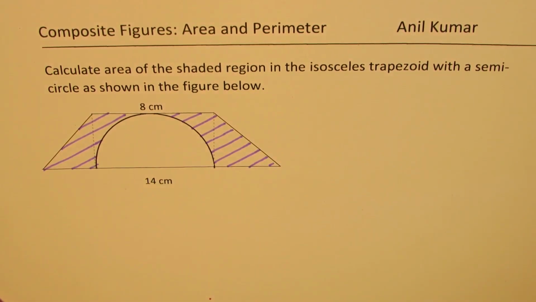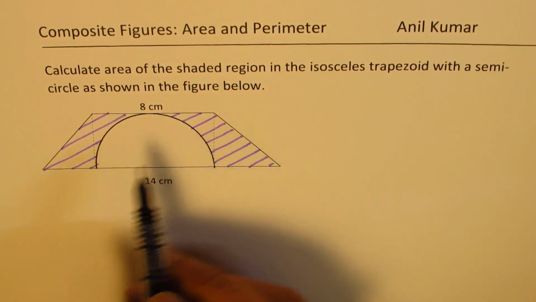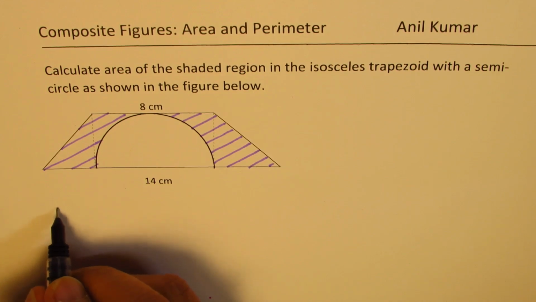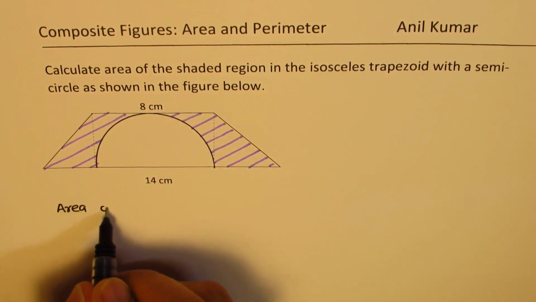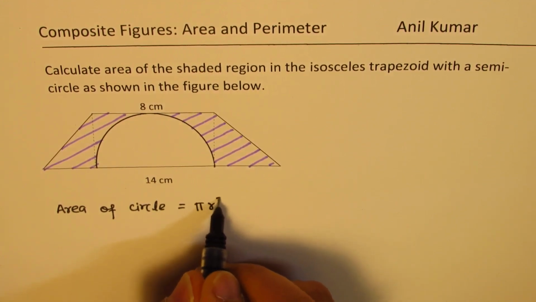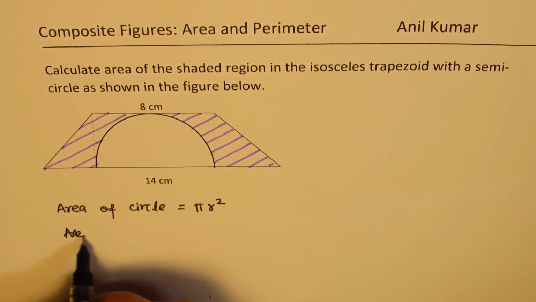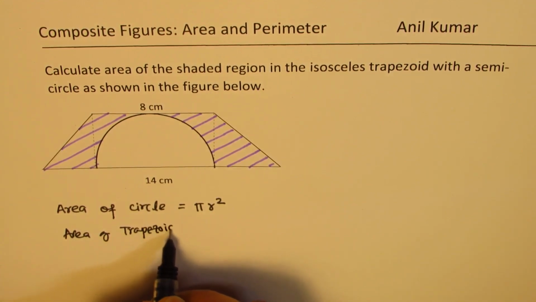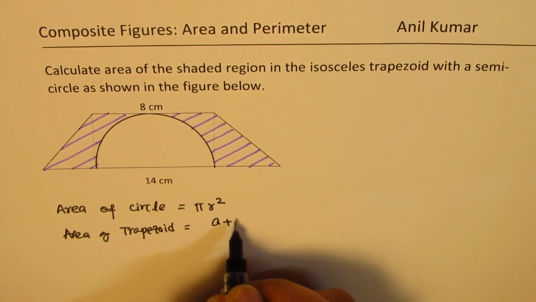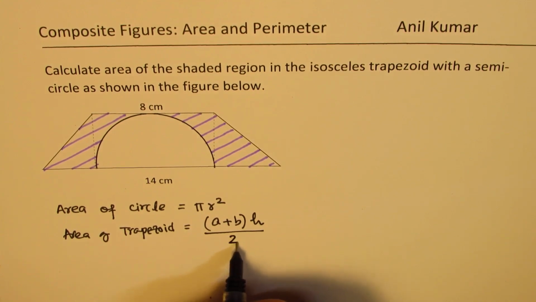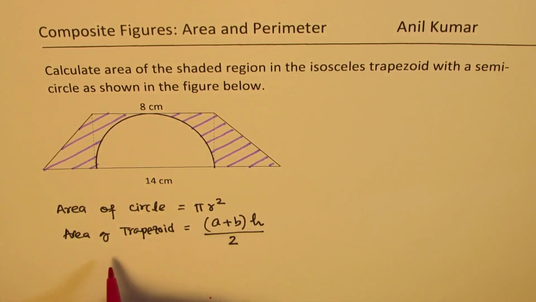Now, two formulas which you need to remember to find the area: area of a circle is pi r square, and area of a trapezoid is (A plus B) times height over 2, where A and B are lengths of the parallel sides.